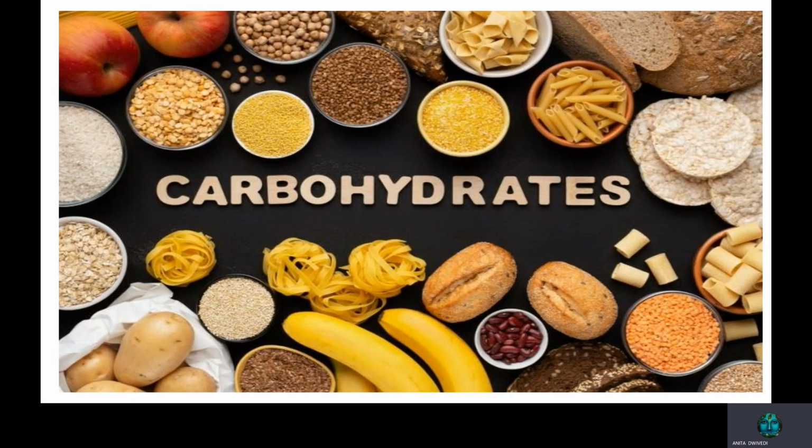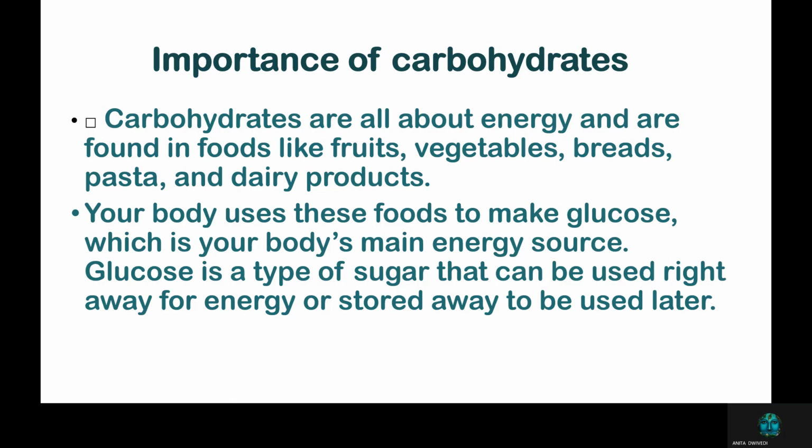First major nutrient is carbohydrate. There are many types of carbohydrates, and the main carbohydrates found in our food are in the form of sugar and starch. Carbohydrates mainly provide energy to our body. Importance of carbohydrates.